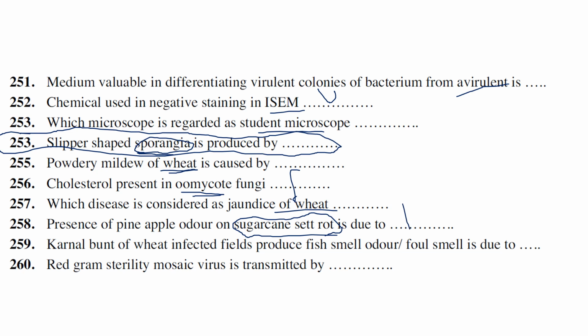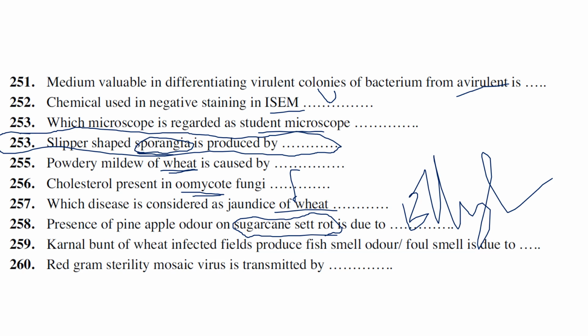I repeat, ethyl acetate. Due to the presence of this, the sugarcane produces the pineapple odor. And the next question is kernel bunt. Kernel bunt infected plants produce a foul smell due to the presence of trimethylamine. But for sugarcane citrate, it is ethyl acetate.